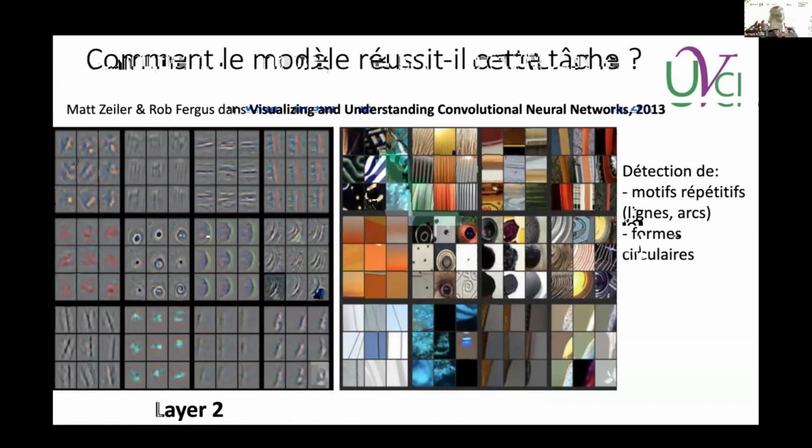If you combine two edges, you get a corner. Or if you combine many vertical lines, you will get this pattern. So it's like the second layer is combining the different features that have been found in the previous layer.